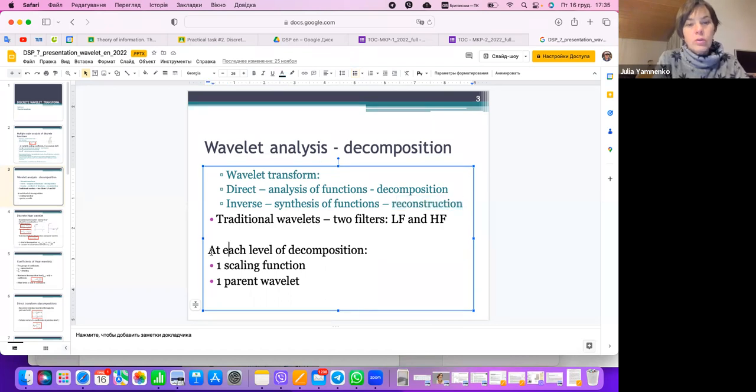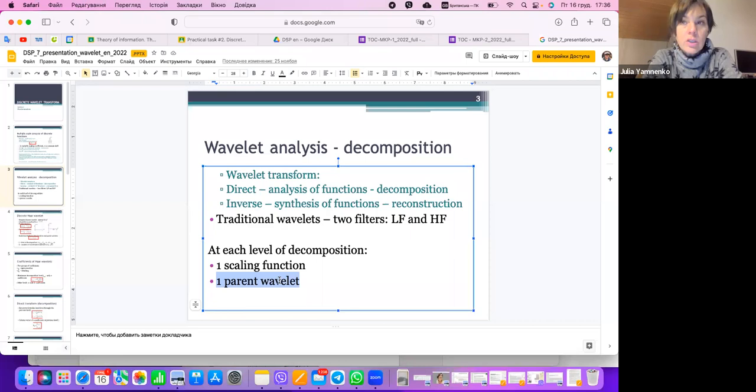But also an important thing is that at each level of decomposition, now we know that there could be different levels of decomposition, we have one scaling function that is responsible for the scaling, because scaling is one of two main operations in wavelet analysis. And the second one is a parent wavelet.